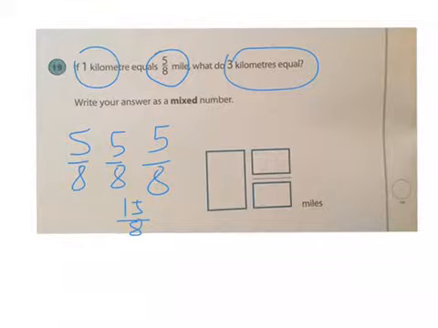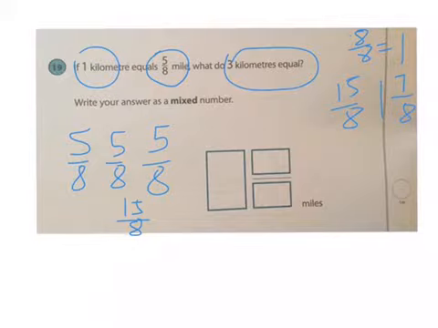Okay, so if you've got 15/8, 8/8 is 1 whole. So 8 of those will be 1 whole, and how many will be left? Well, 15 take 8 is 7, so you'll have 7/8 left. So 1 and 7/8.